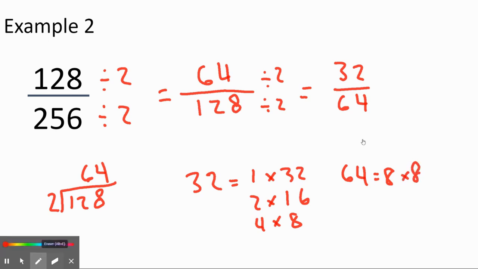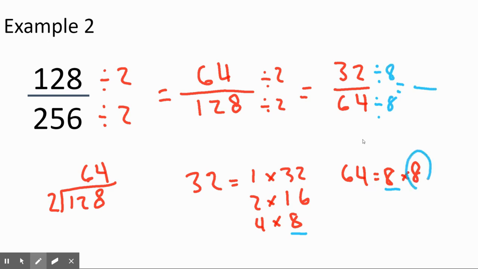And we'll notice, just like in the previous example, we have an 8 here and an 8 here. So that means we can divide both of these by 8.